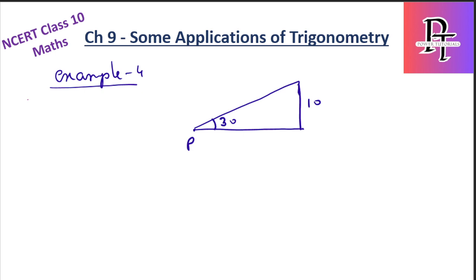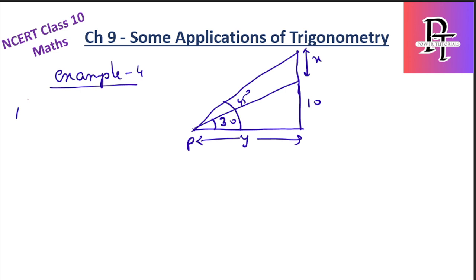So what they are saying, we have a flag on the top of the building and this angle is 45 degrees. We have a flagstaff here. Find the length of the flagstaff. They're asking to find this length, so let's assume this as x. And also find the distance between the building and point P. So let's assume this as y.